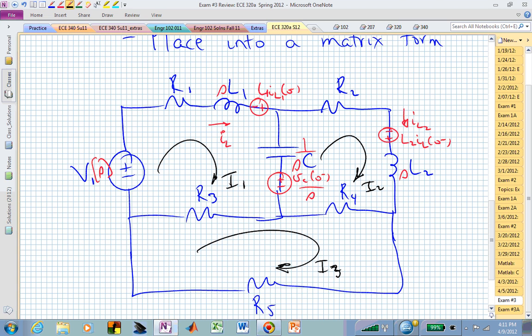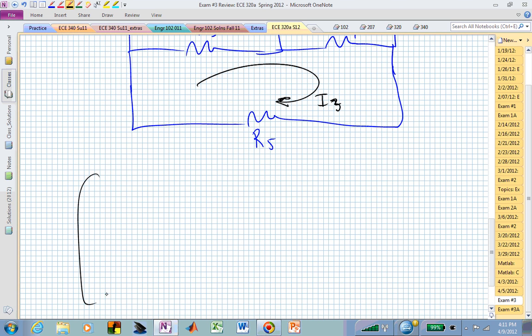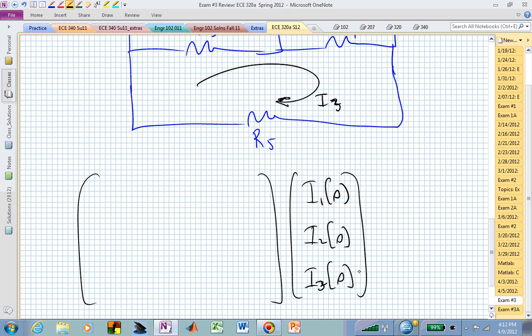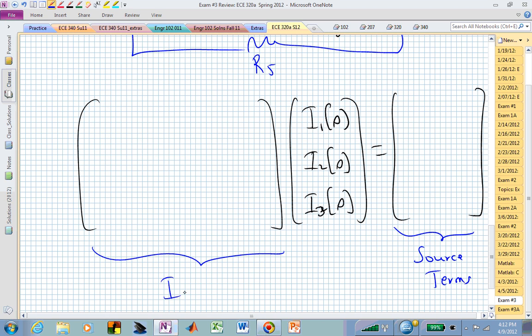And on the right-hand side, you will be eventually having sources, meaning I would be wanting to see something like this. Here are your sources, and here are your impedances.